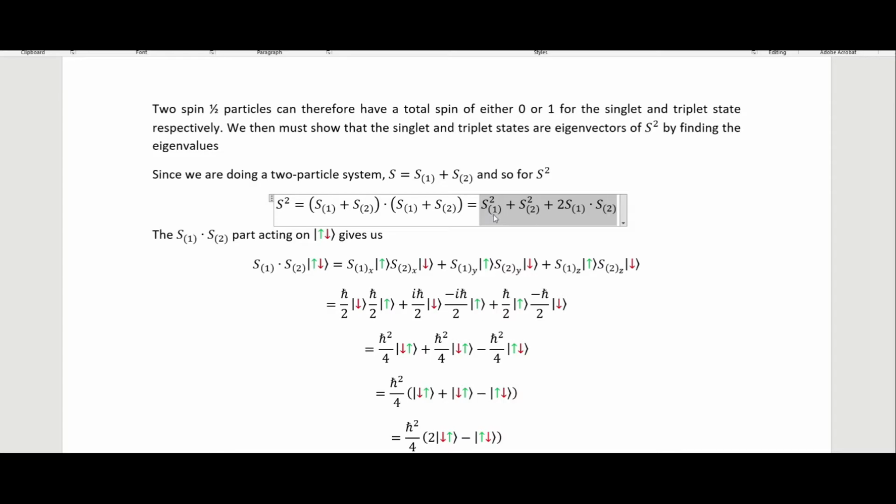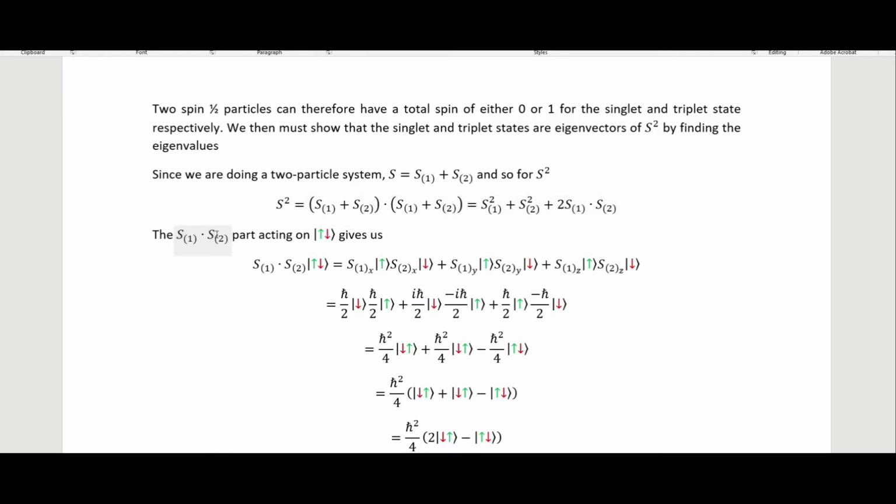So we have the first S squared, the second S squared, then plus 2 times the first S times the second S. And for this, we'll see in a little bit, the S squared terms are ones that we already know just from a previous video. So I want to look at just this S1 times S2.